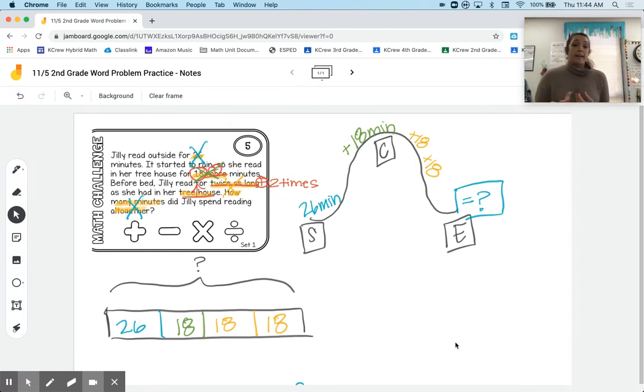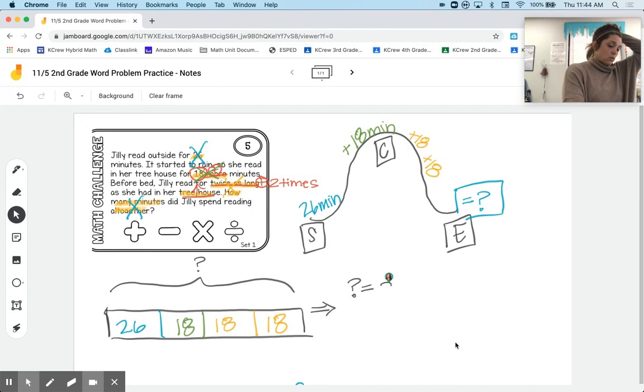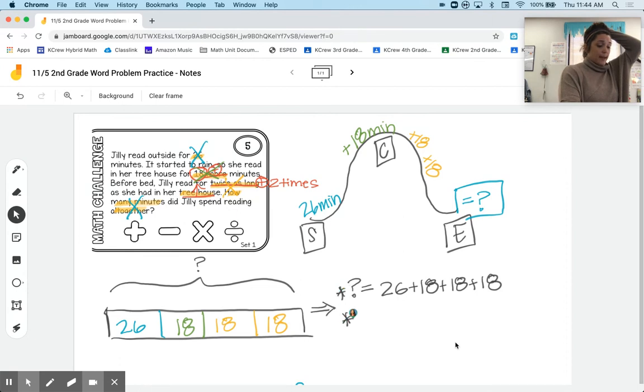So now I need to write my equation. We have a couple different options for a word problem like this. The first thing that we can do is question mark equals 26 plus 18 plus 18 plus 18. Another way is question mark equals 26 plus 54, because 54 is 18 plus 18 plus 18.